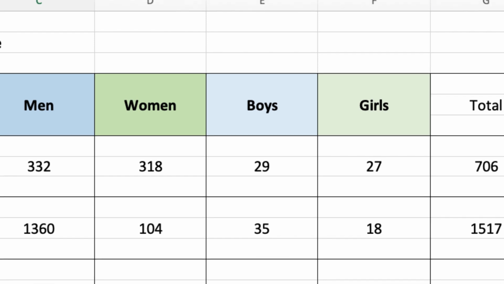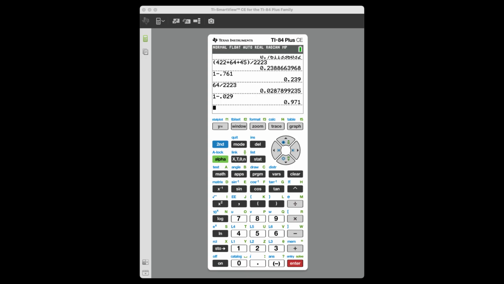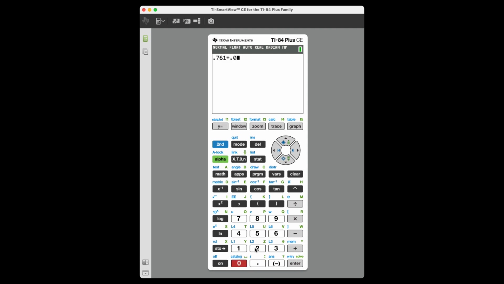So that's not the TI. There's the TI. Here we go. 0.761 plus 0.029. Ladies and gentlemen, what do you end up with as an answer? 0.79 as an answer.